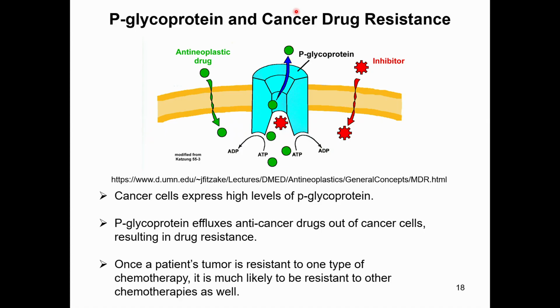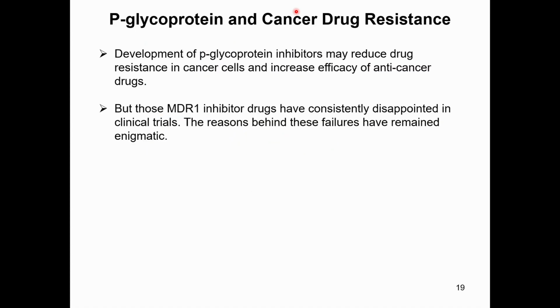So there's a lot of interest in resensitizing resistant cancer cells. You want to resensitize them to the action of chemotherapeutic agents. One approach is to inhibit PGP. So that's a big field in pharmacology, resensitizing drug-resistant cancer cells.